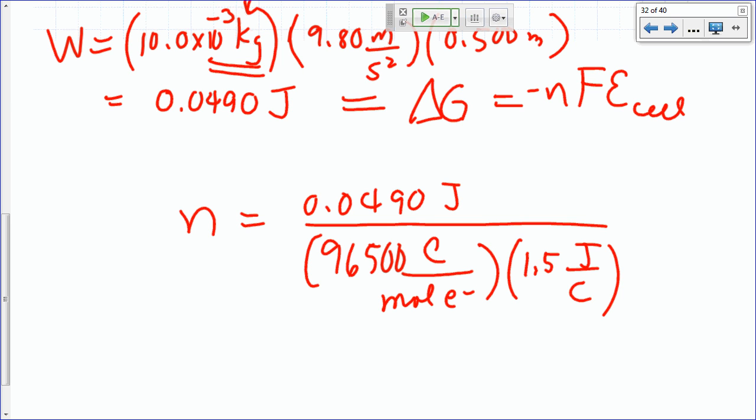It's energy gain per coulomb of charge. So coulombs cancel out, joules cancel out. That gives you the actual moles of electrons that are transferred.